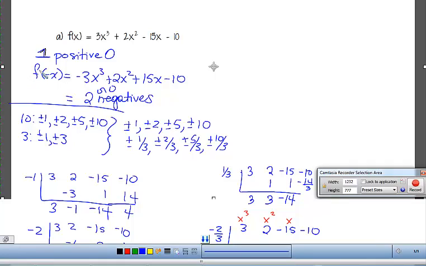So f of negative x, we get negative 3x cubed plus 2x squared plus 15x minus 10. There's 1 sign change, 2 sign changes, so it would be 2, or it can differ by an even number. We just keep subtracting off 2 until we get to 1 or 0. So possibly 2 negative zeros. Questions about that?